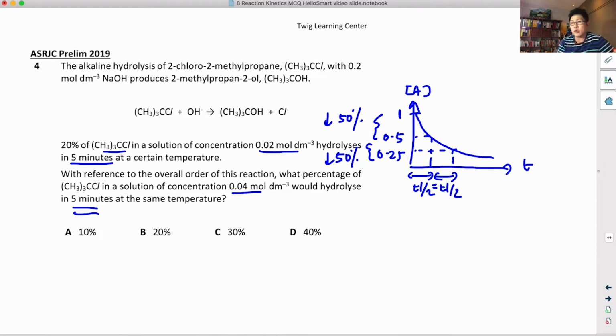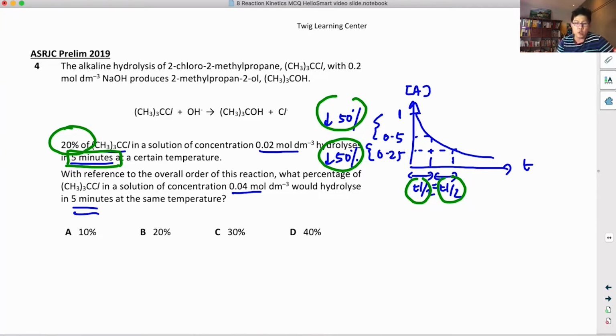So for a first order reaction, what I want you to learn is this: when the percentage drop is the same, the time taken will also be the same. So it doesn't have to be just 50%. If it takes, say in this case, 5 minutes to drop by 20%, then the next 5 minutes, it will still drop by 20%.